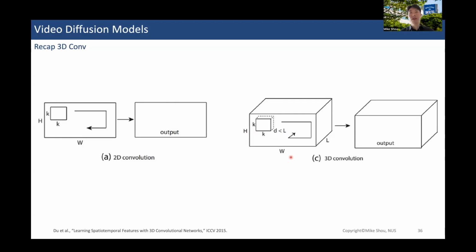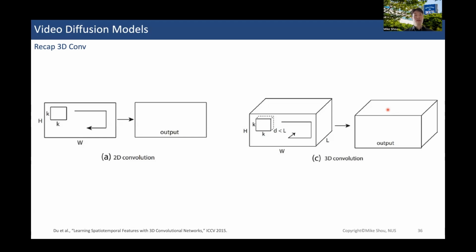For 3D convolution, for the input, you have another dimension L corresponding to the time or the number of frames. And the convolutional kernel also has 3 dimensions, k by k by d. And we slide this kernel over h, w, and also L as well, so that the output will be 3D.